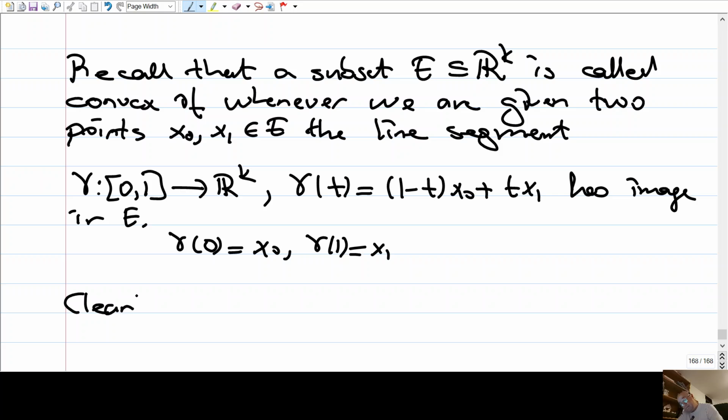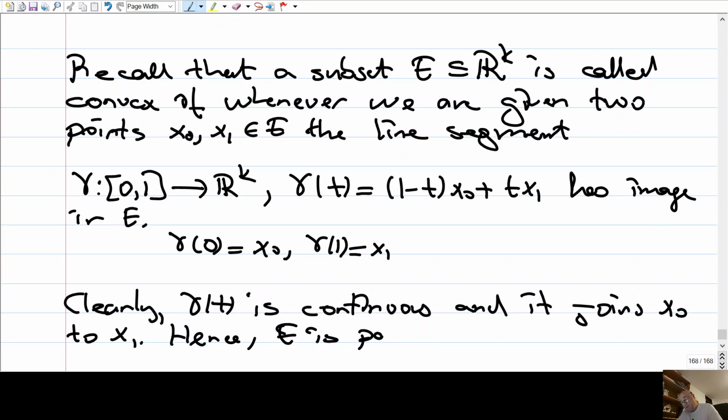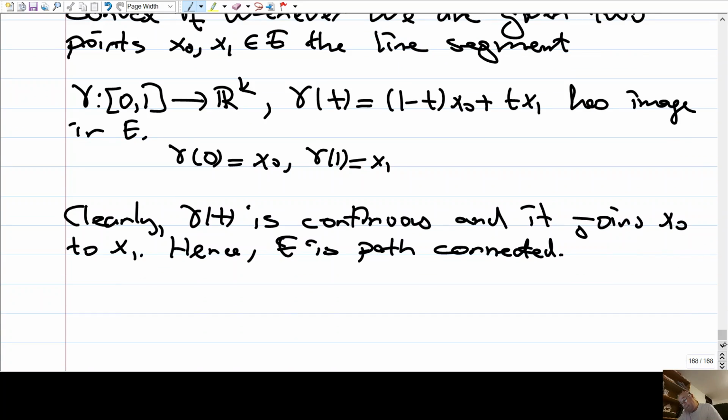Clearly, gamma(t) is continuous, and it joins x0 to x1. Hence, E is path connected. Okay. Clearly, Rn is path connected.